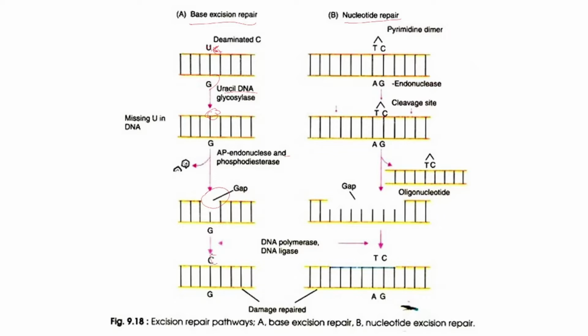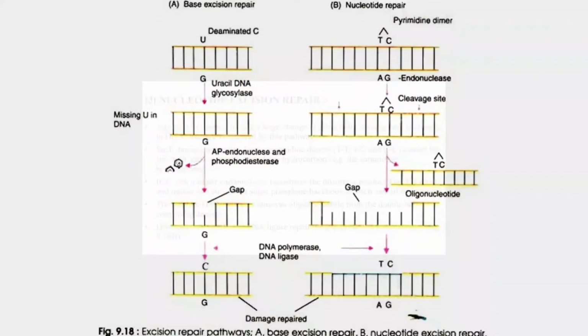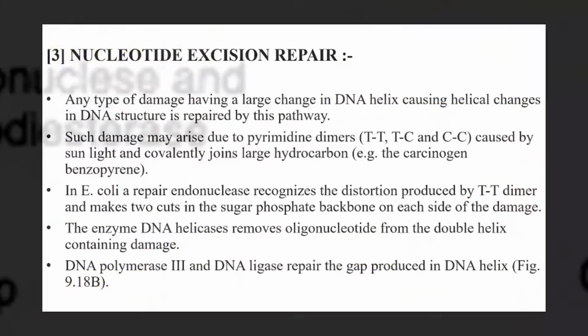Then C is added, so the damage is repaired, that is C and G. Uracil is removed by uracil DNA glycosylase, AP endonuclease and phosphodiesterase remove that part, and the gap is filled. Okay, and this is base excision repair.